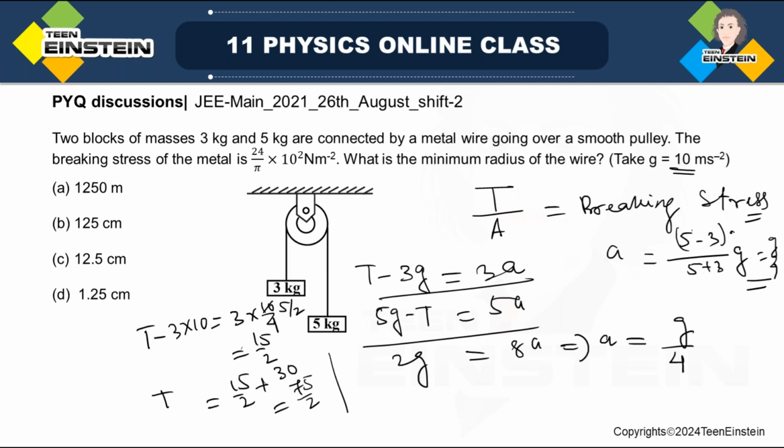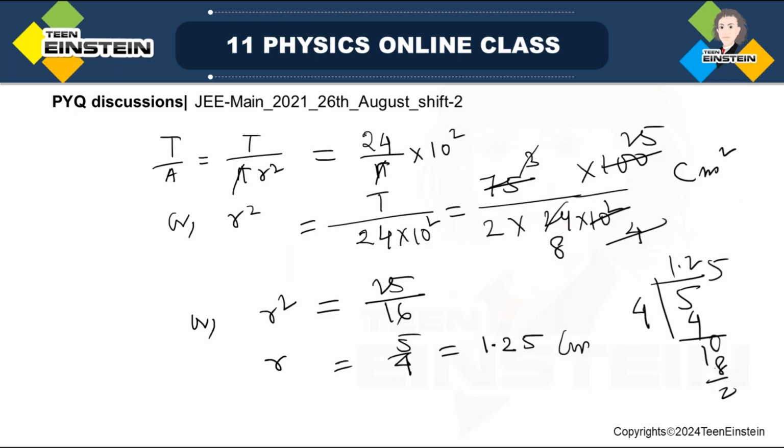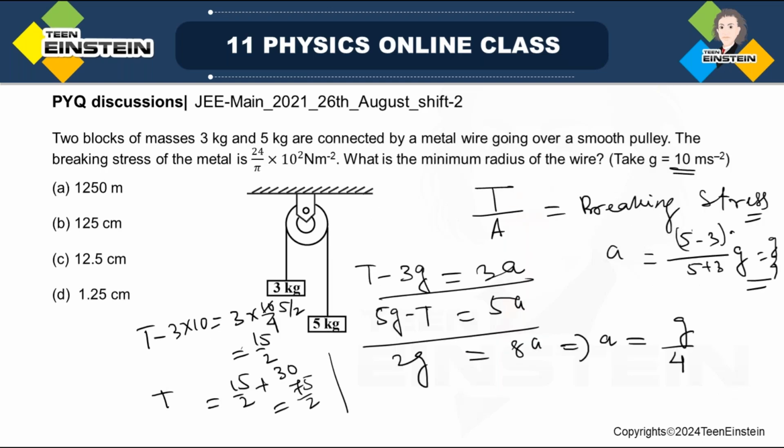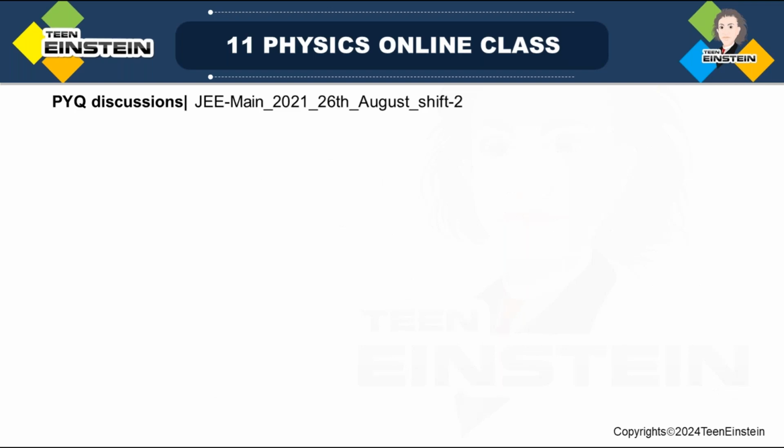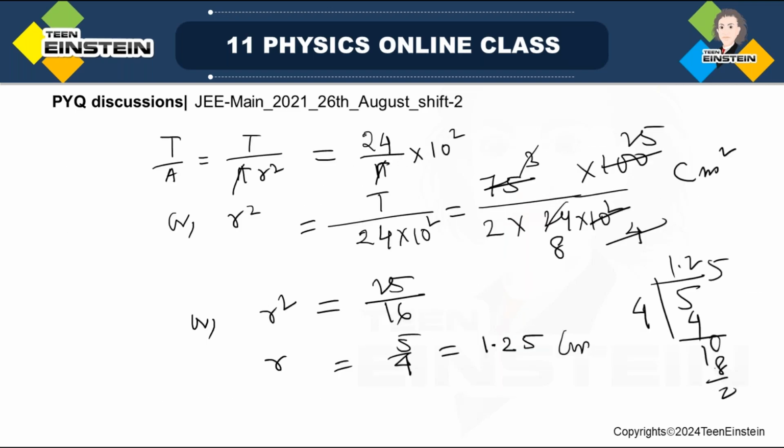So the 75 by 2 is all right. Did I write 75 by 2 here? Yes. So 75 by 2.